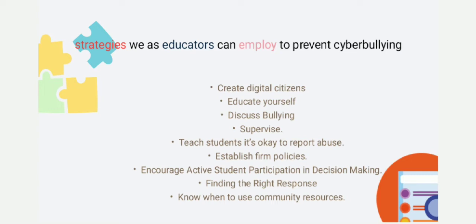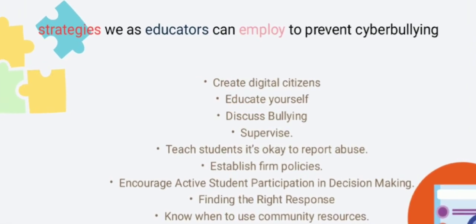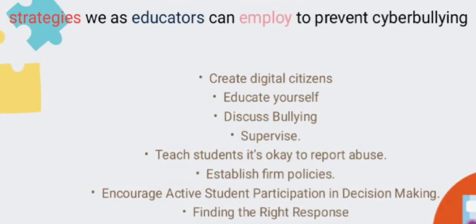And we as teachers can offer counseling services to both victims and perpetrators. And we can let students know that it is okay to need to talk to someone to lessen the problem. So again, these are the 9 strategies that we teachers can use to prevent cyberbullying.